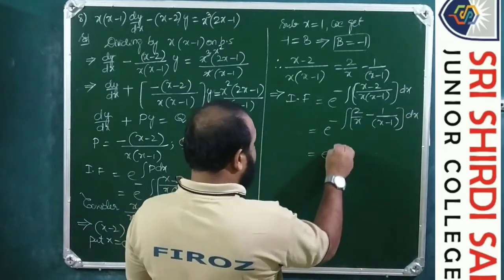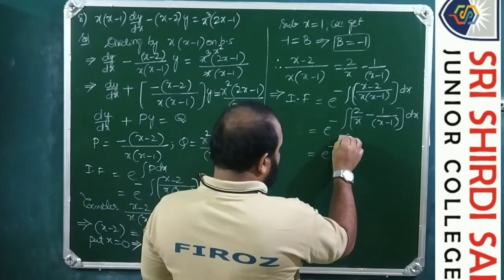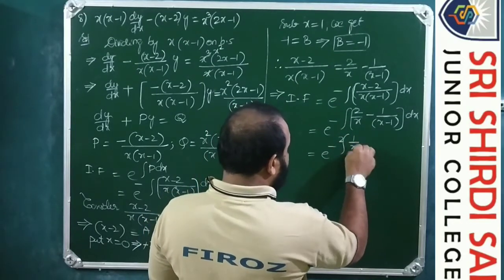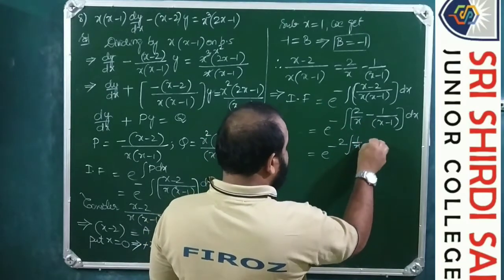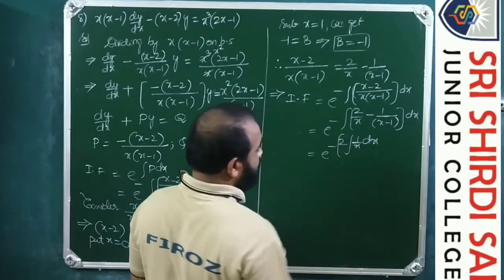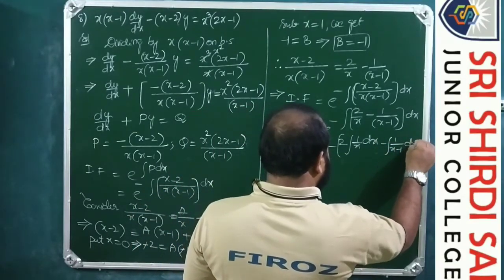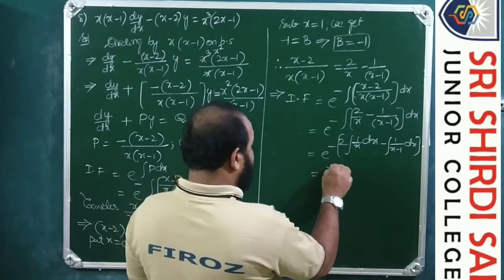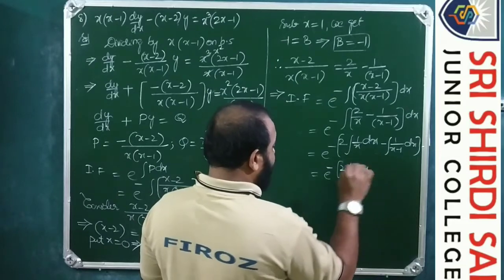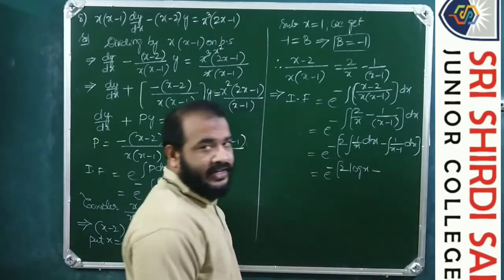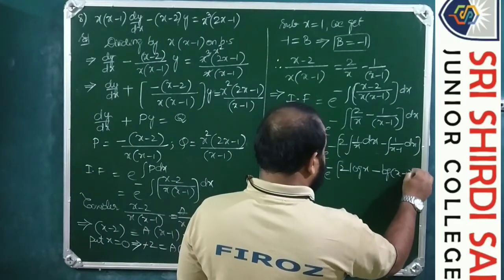This is equals to e power minus 2 into integral 1 by x dx minus integral 1 by x minus 1 dx. So e power minus, 2 into integral 1 by x dx is log mod x, minus integral 1 by x minus 1 dx is log x minus 1.